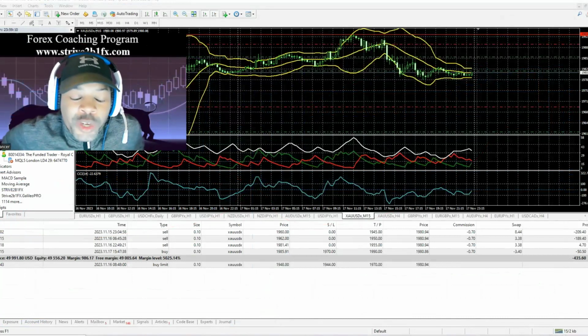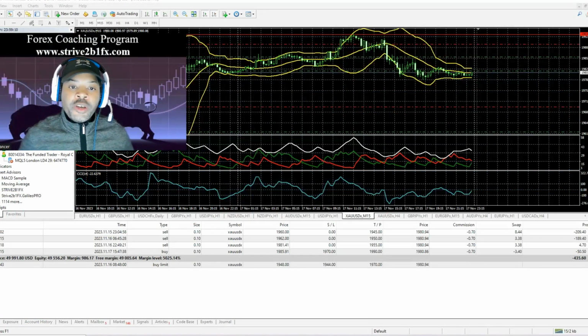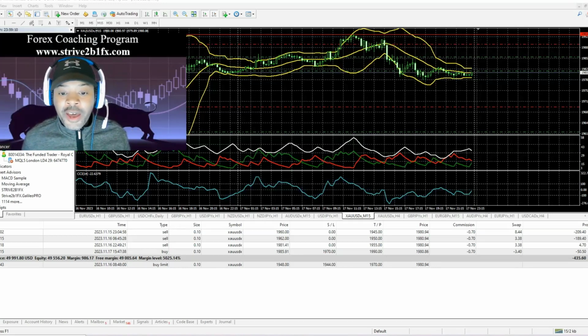Okay, so now that we are inside my MetaTrader 4, we can see what my situation is looking like. For those of you who know my swap fee strategy, you can see how powerful this is. Look at these juicy swaps right here, crushing it with the swap fees. Yes, I am negative, but I'm not really worried about that because I know this is going to work itself out.